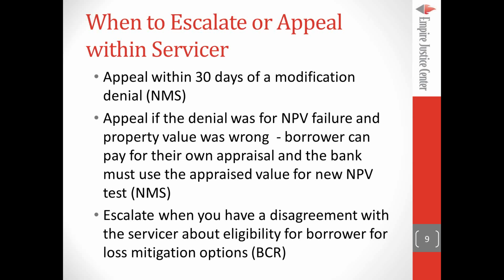If you get a denial, you want to make sure that there's not any human error coming up with a wrong answer in the calculation. So if the property value that they're using is simply wrong and you believe it's something lower or higher, the borrower can pay for their own appraisal, and then the bank is required under the NMS to use that value for the new NPV test.